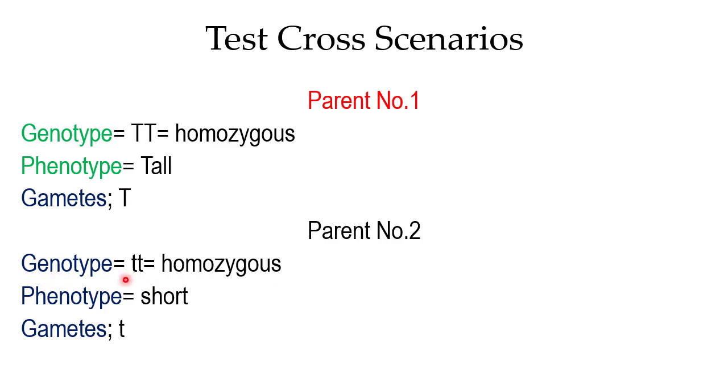So the genotype over here is small t and small t, a homozygous recessive. Phenotypically it is short, and again it is only going to give you a single kind of gamete, the small t. So all of the gametes would carry the small t allele.